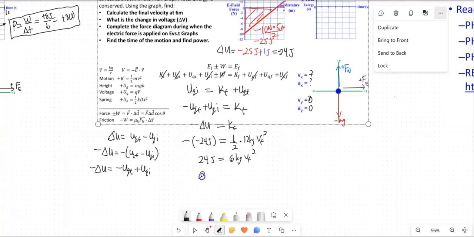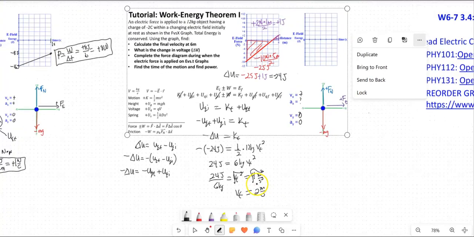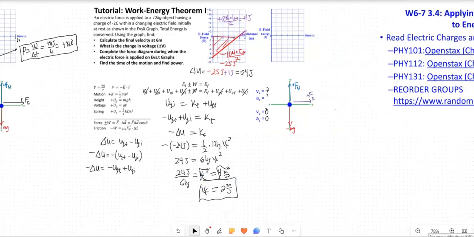So 24 joules divided by 6 kilograms is V final squared, which is equal to 4 meters squared per second squared, right? So V final, we square root both of those. We're going to get V final, which is going to be 2 meters per second. Okay? So that is our first calculation.